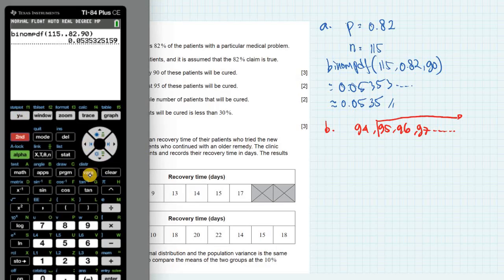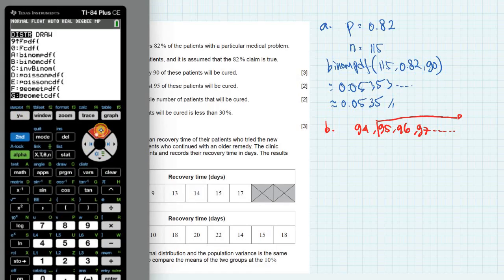Let me see. Second, first, we go to binom CDF, because it is more than one point. So enter. The trials is 115, the P is 0.82.